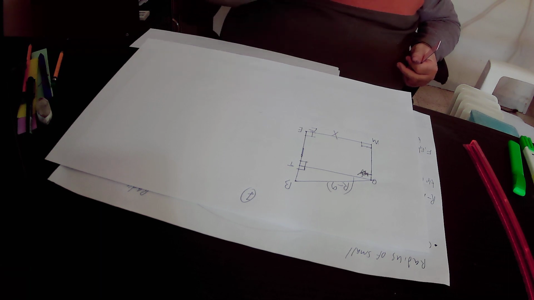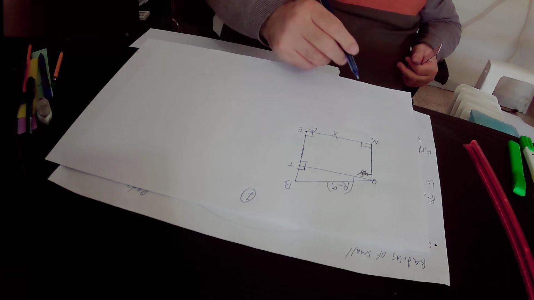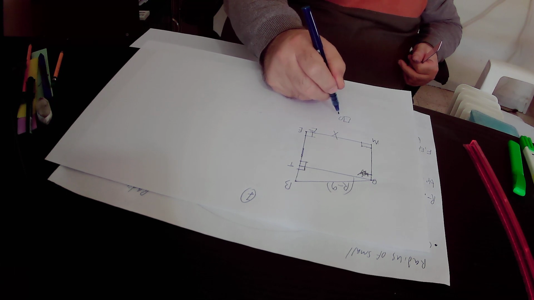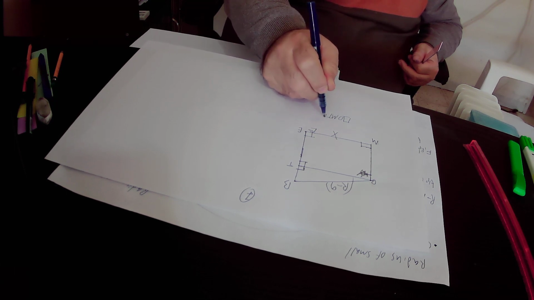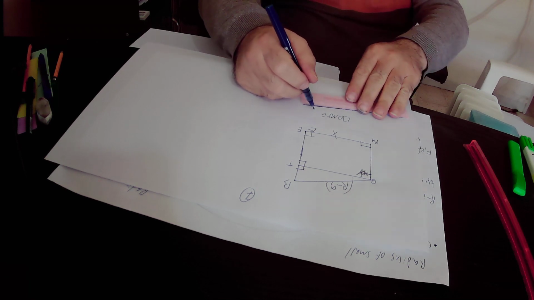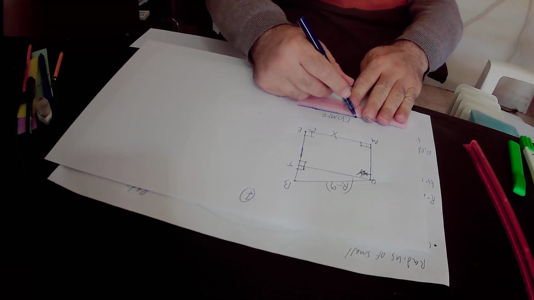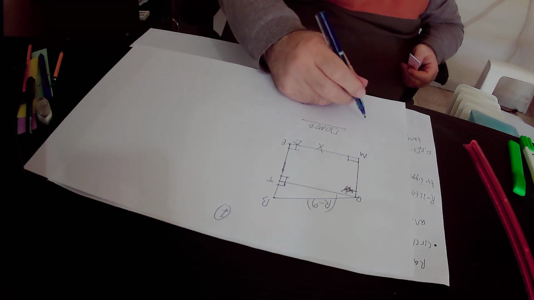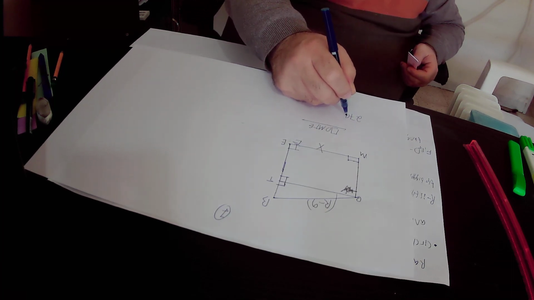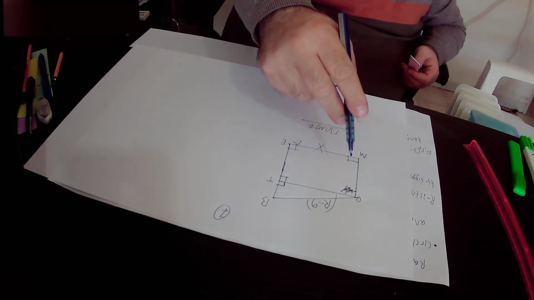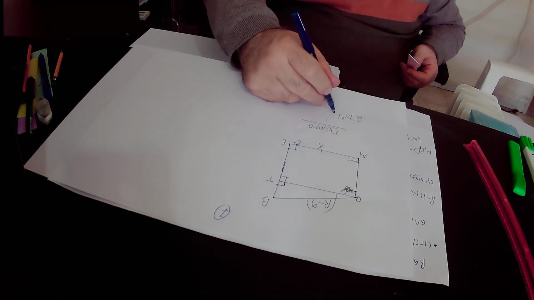And in quadrilateral OMTE, we have three right angles: 1, 2, 3. The sum of three right angles is 270 degrees, plus the size of this angle, that is actually angle MOT.